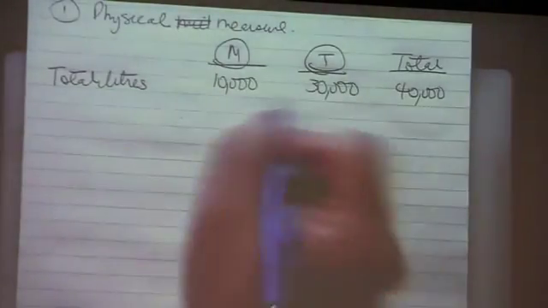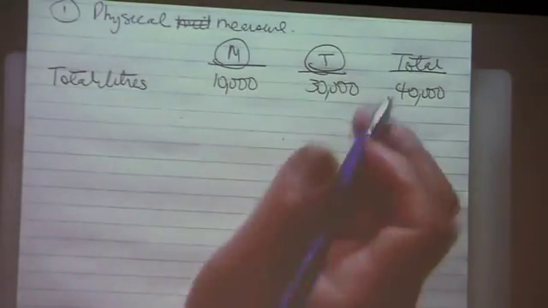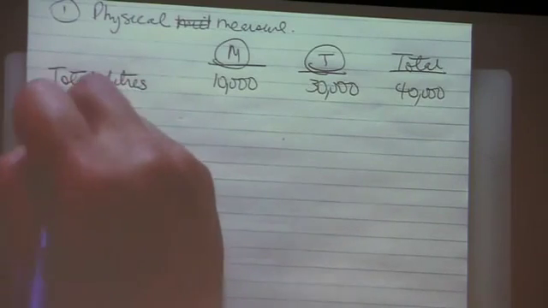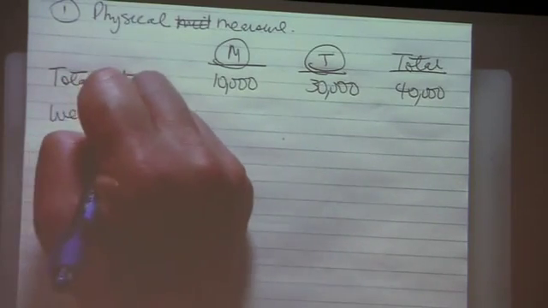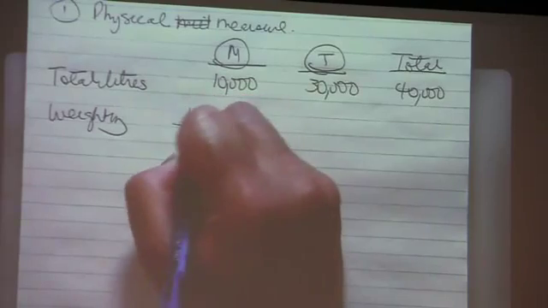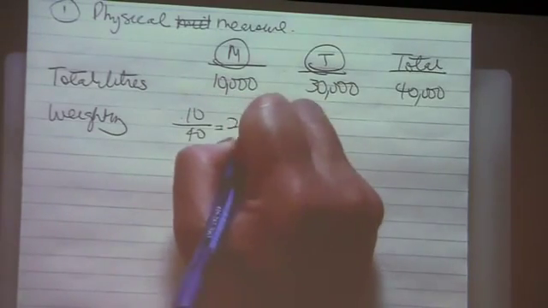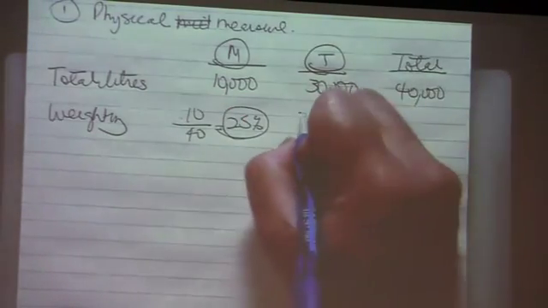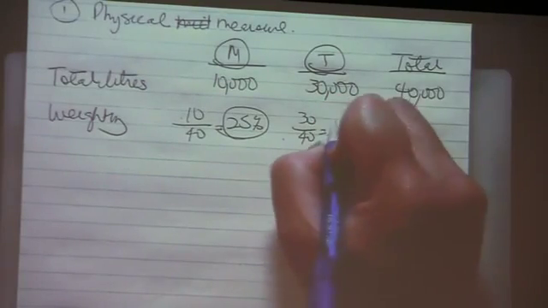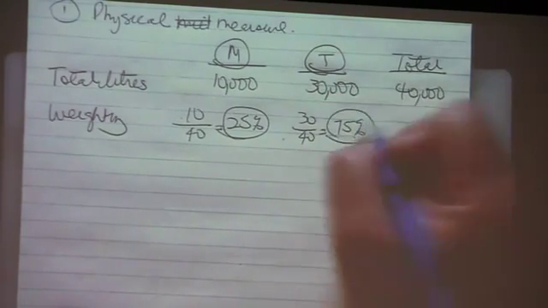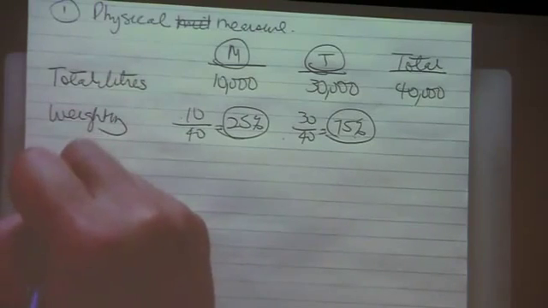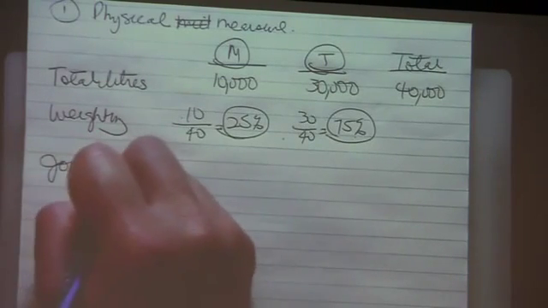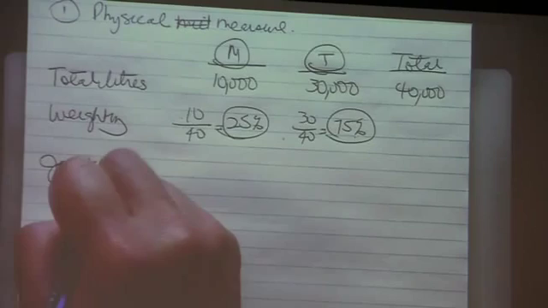Now, what's the relative weighting of each one? So we know it's 10 divided by 40, which is 25%. And this one is 30 divided by 40, which is 75%. So we're going to take the joint cost of 144.